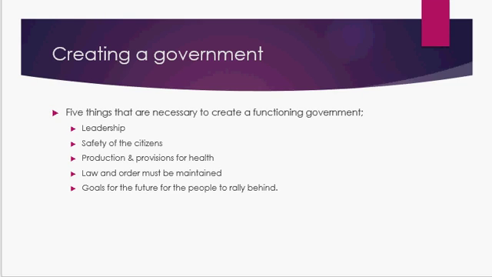Law and order must be maintained. There must be some sort of understanding within the society that people are going to follow certain rules. And then goals for the future for people to rally behind. If a society is stagnant, then people won't have passion for being part of it.